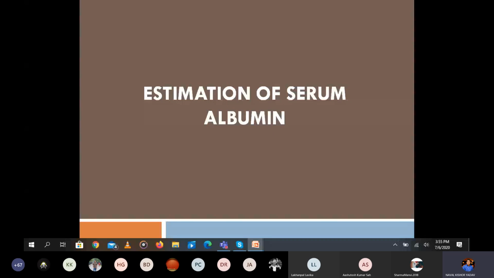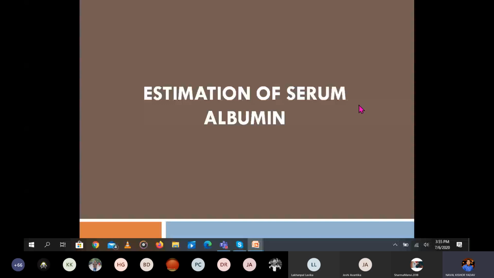Okay. So now we'll discuss estimation of serum albumin. Albumin and the globulins are the major plasma proteins, and albumin can be estimated by different methods: BCG, BCP.